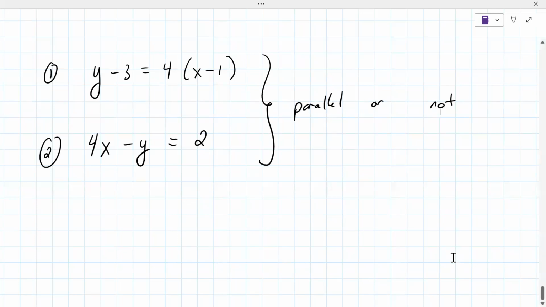And so the only way to do that is to figure out the slope of the second line. Okay. So the slope of the first line is 4, and the slope of the second line is, well, you have to figure that out. So if you want to do that for us, and then we'll talk about some perpendicular lines.